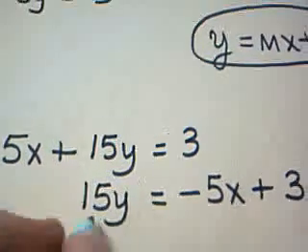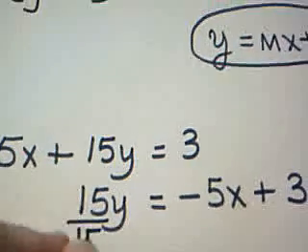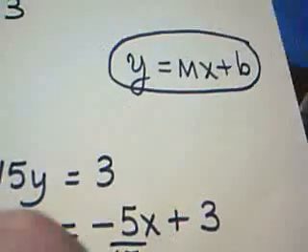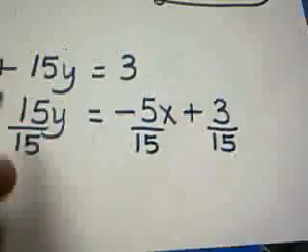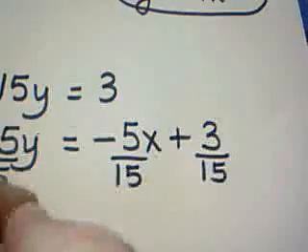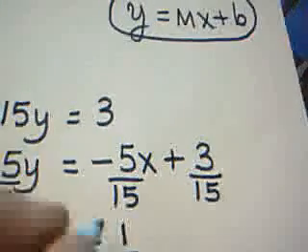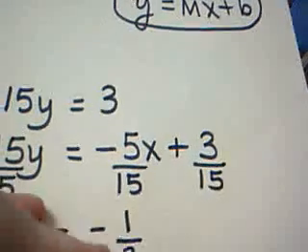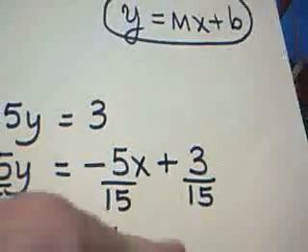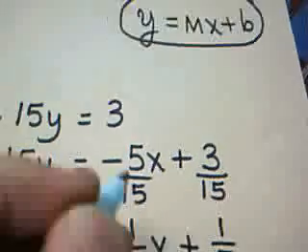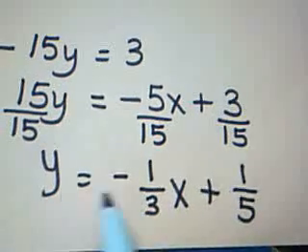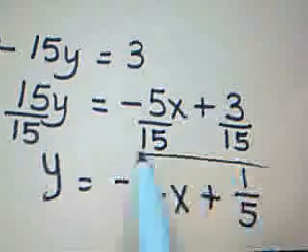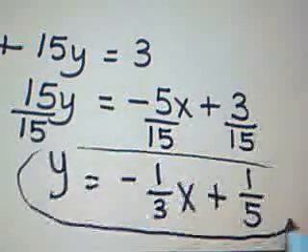And to get y alone, I'm going to divide everything by 15. And when I make that prettier, y is equal to negative 1/3 x plus 1/5.